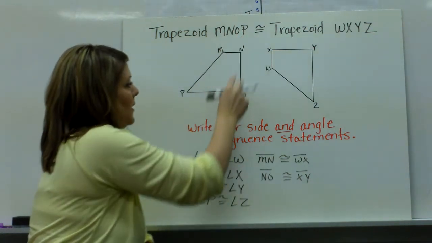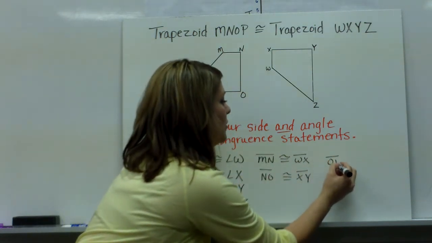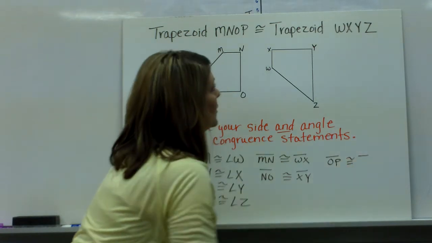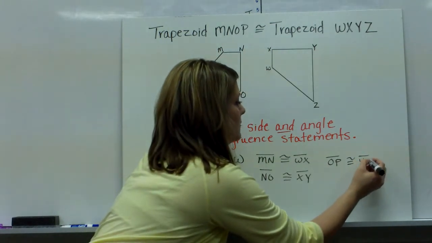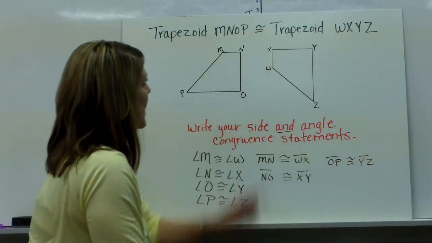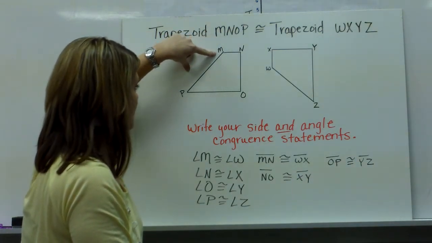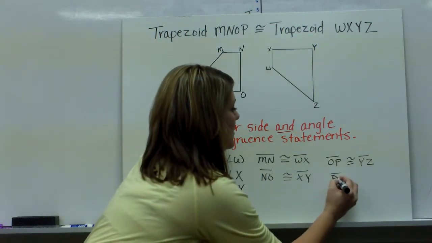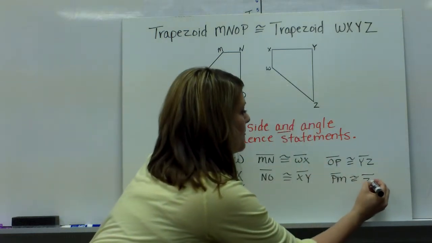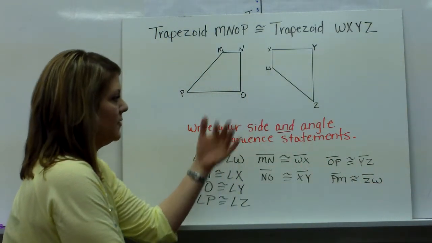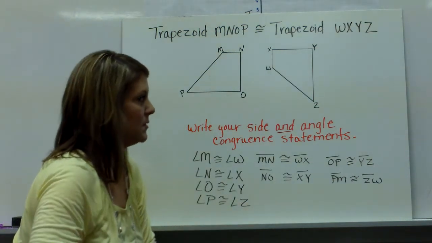Side OP, just this long side here, is going to correspond and be congruent to YZ, the other long side. And the last one, side PM, so we're going to close it up with that diagonal side, is going to correspond and be congruent to ZW. Now, since this is a four-sided figure, we're going to have 4 angle congruent statements and 4 side congruent statements.